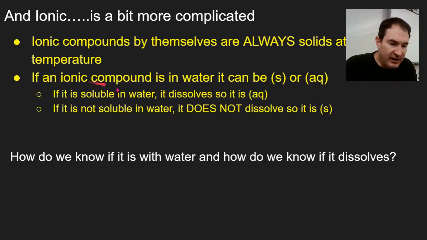So if an ionic compound is in water, it can be S for solid or AQ for aqueous. If it's soluble, it dissolves, so it's aqueous. If it's not soluble, it does not dissolve, and so it is solid.